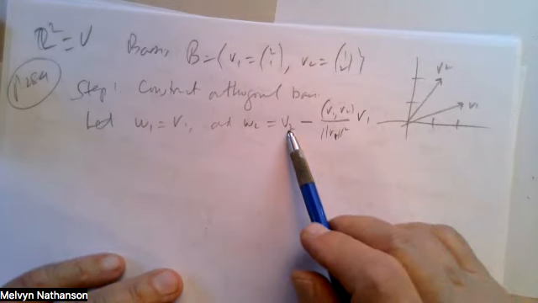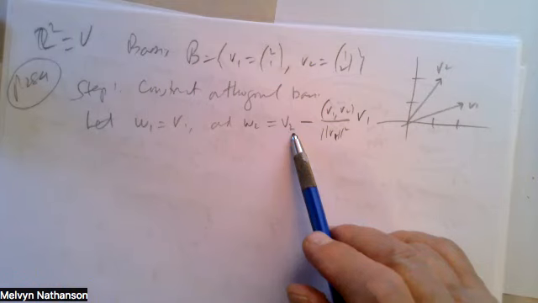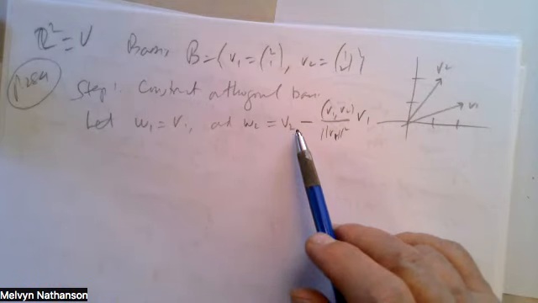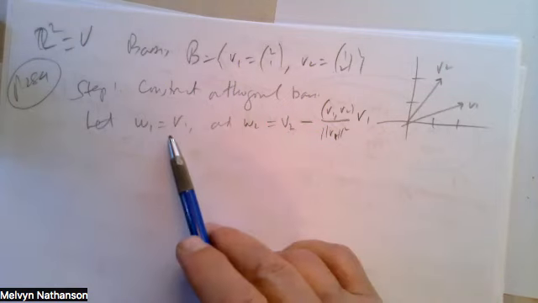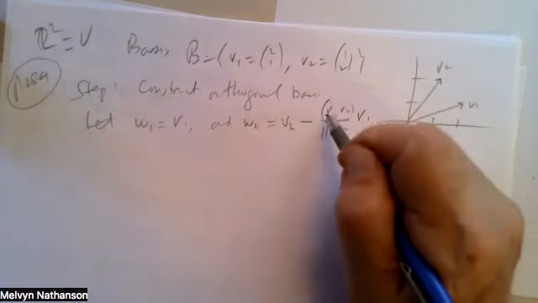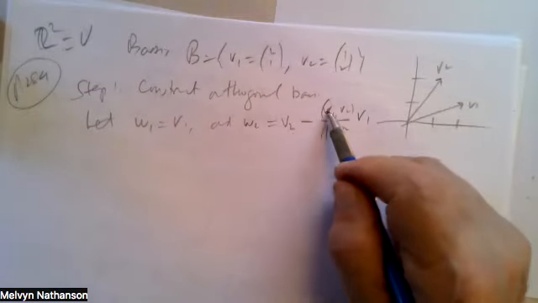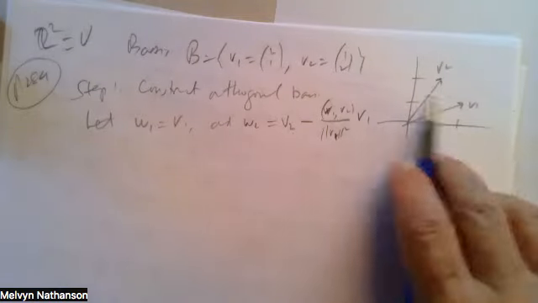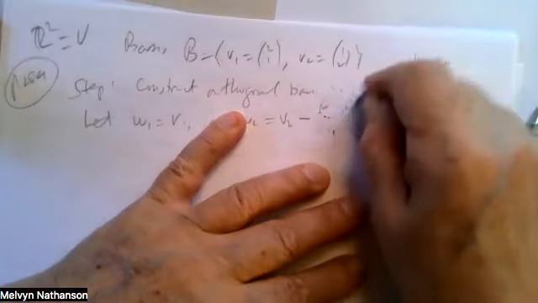So I have V2, and W2 is going to be V2 minus the component of V1, or W1, they're the same in this case. The component of V2 in the direction of W1. So let me just write this more neatly.